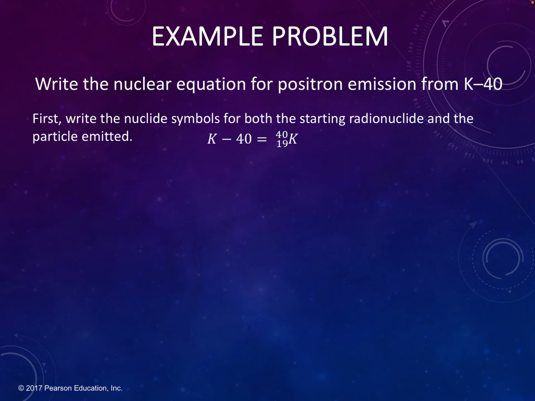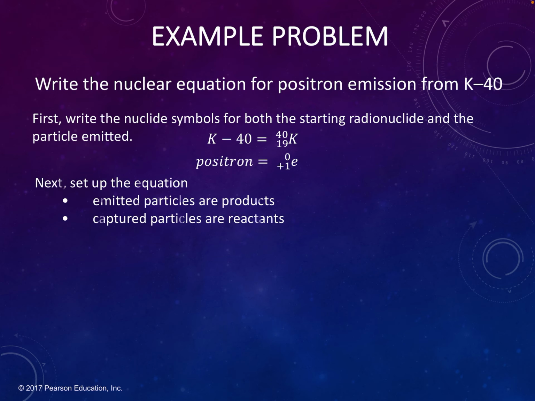Okay, so this is potassium-40, so that's why our mass number on the top is 40, and the bottom number is 19. That is the atomic number of potassium. And this says that we are undergoing positron emission, so it's going to be 0 mass, and it's going to be an e just like an electron, but it's going to be a +1 instead of a -1. Okay, so now we can go ahead and start setting up our equation. So anything that is going to be emitted is going to be a product.